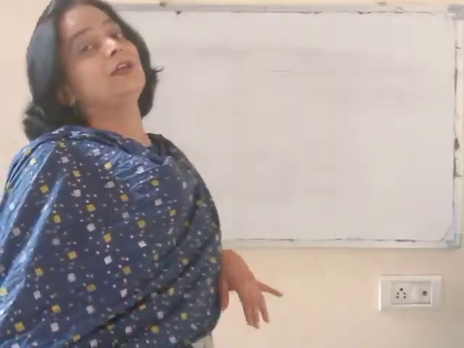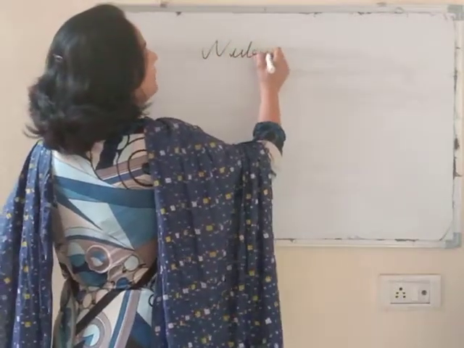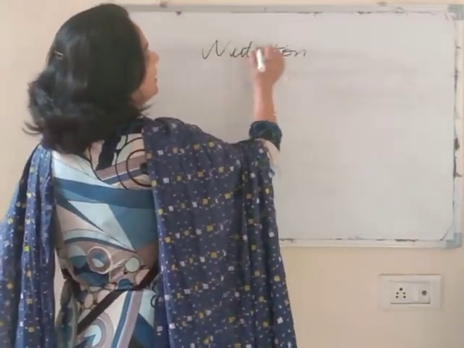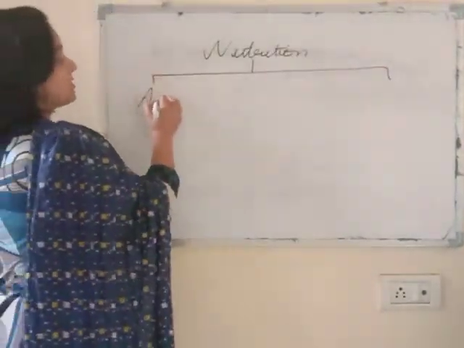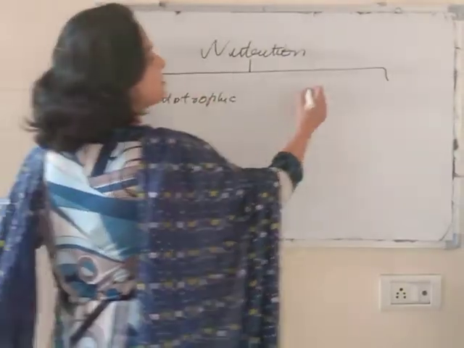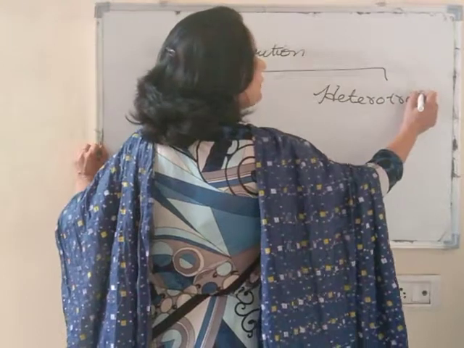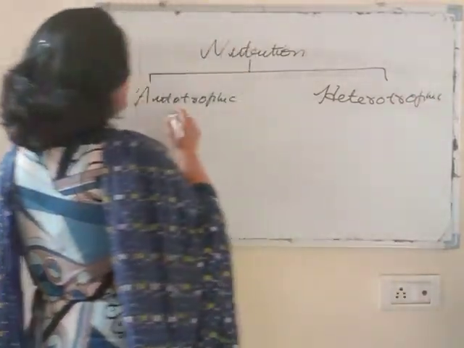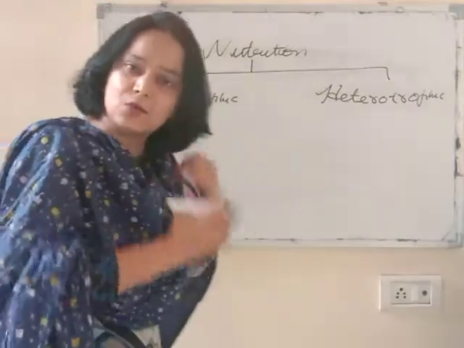Moving on to the next topic, that is types of nutrition. We know that nutrition can be broadly categorized into two types. One is autotrophic nutrition and the other is the heterotrophic mode of nutrition. Autotrophic mode of nutrition is that in which the organism is able to make its own food.